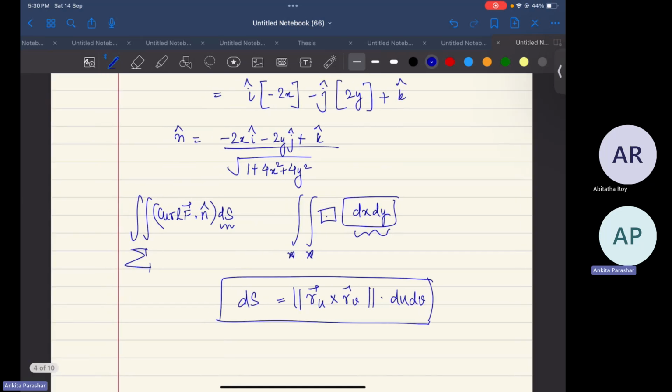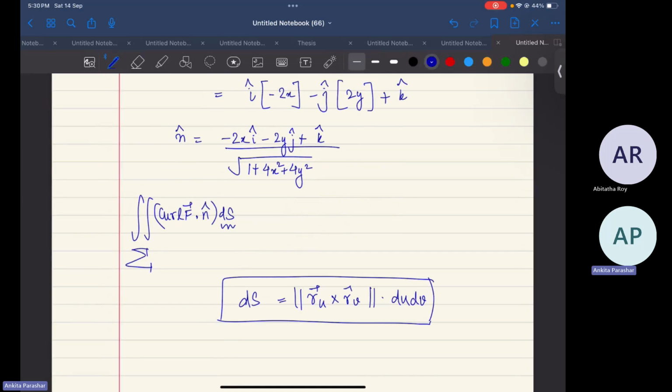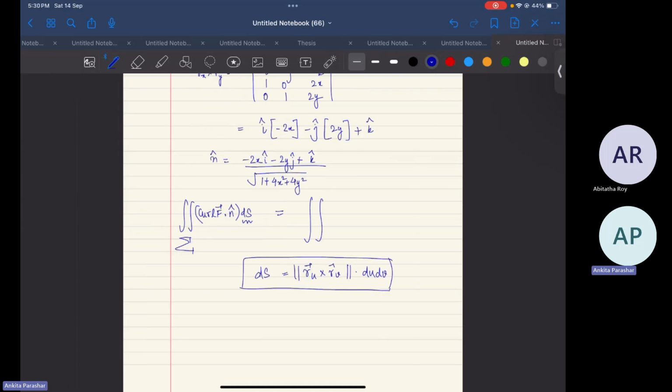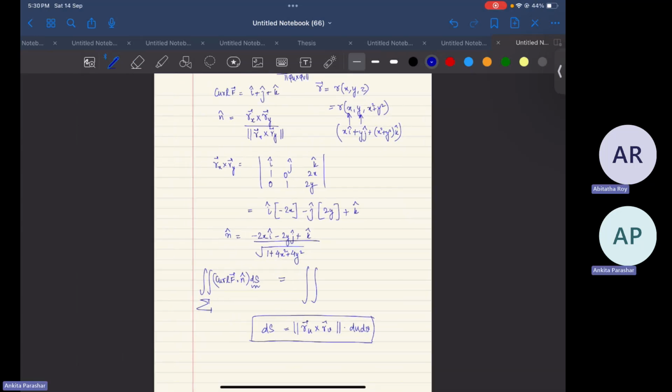Can you tell me, in this case when we do not have any parameterization, how do I write this? Just follow what we did above, whatever we did above is going to help you. We will take the norm of the cross product between rx and ry.